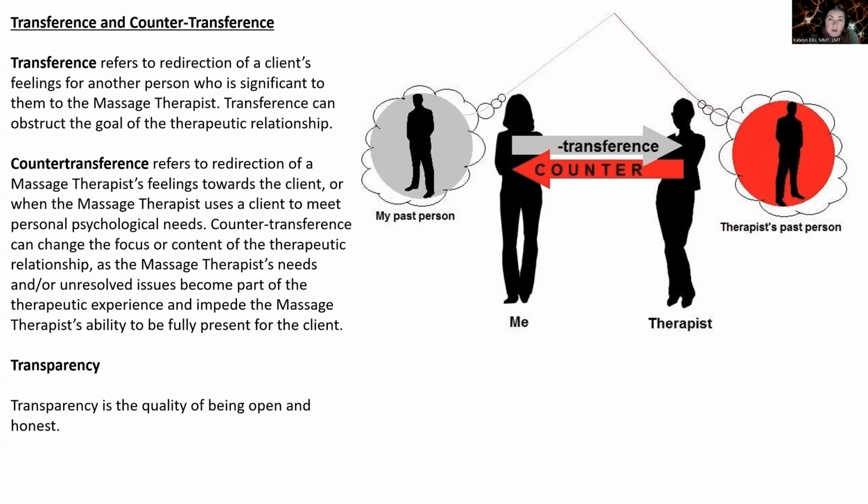Probably not, because you feel uncomfortable subconsciously. And then that starts to show in your conscious actions, whether you know why it's happening or not, until you start thinking, oh, this client reminds me of this person. You need to nip that in the bud. If you are unable to overcome those feelings, you need to sever the client-therapist relationship. Transparency is the quality of being open and honest.